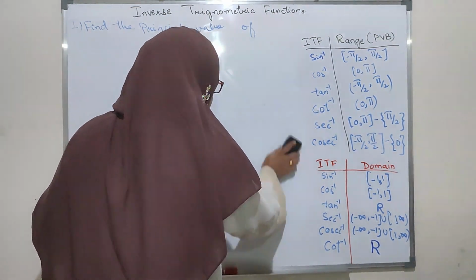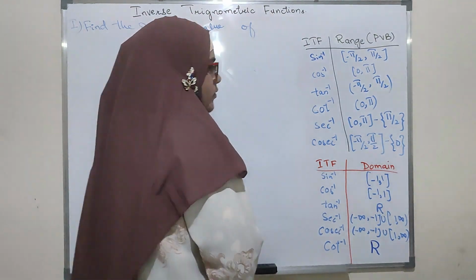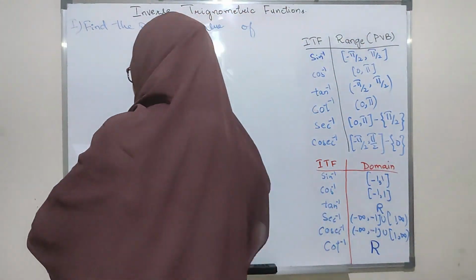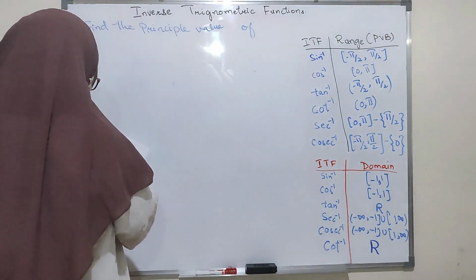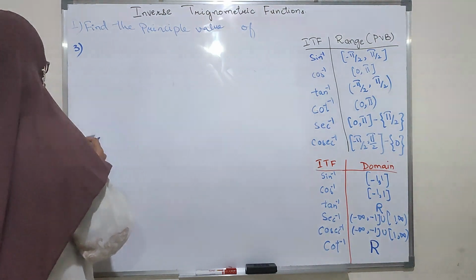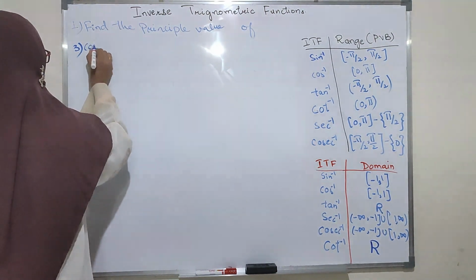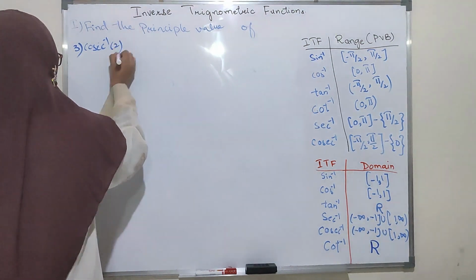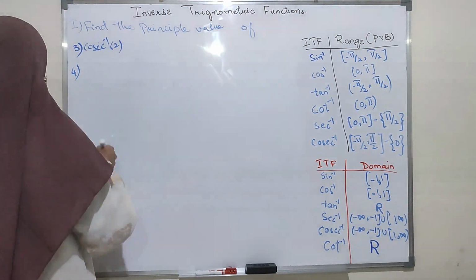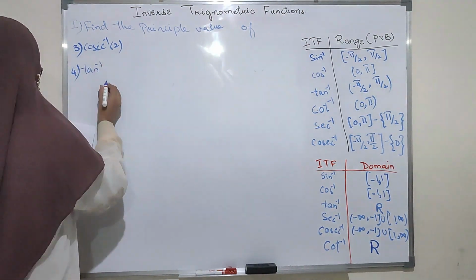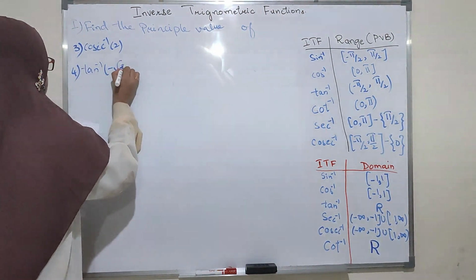Now write down another question: cosec inverse of 2. I'm writing all the questions, then I will solve. Tan fourth is minus root 3.